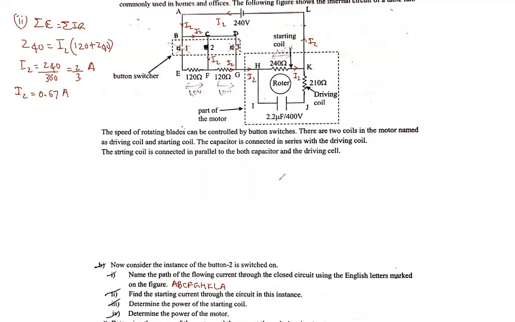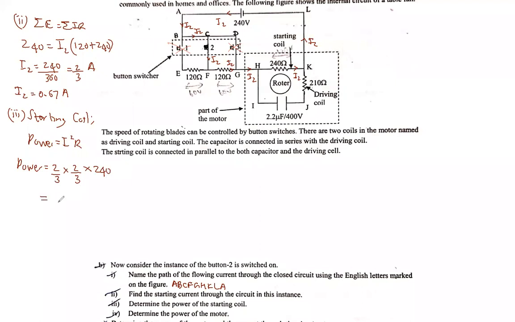Determine the power of the starting coil. Okay, then Roman 3. For the starting coil, what's the power? Power is equal to I squared R. So this time to find the power, I will use this value, 2 by 3 into 2 by 3, multiplied by 240.